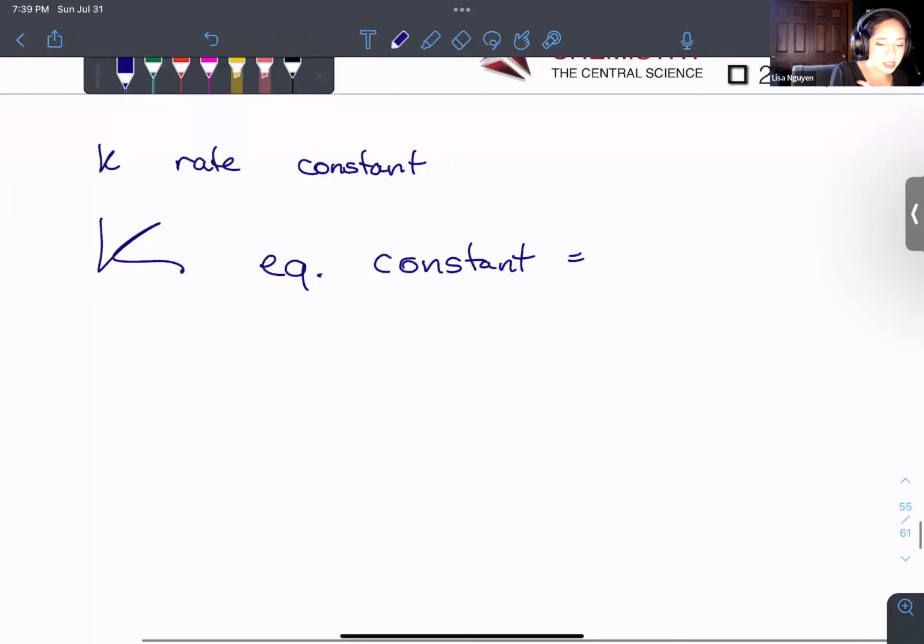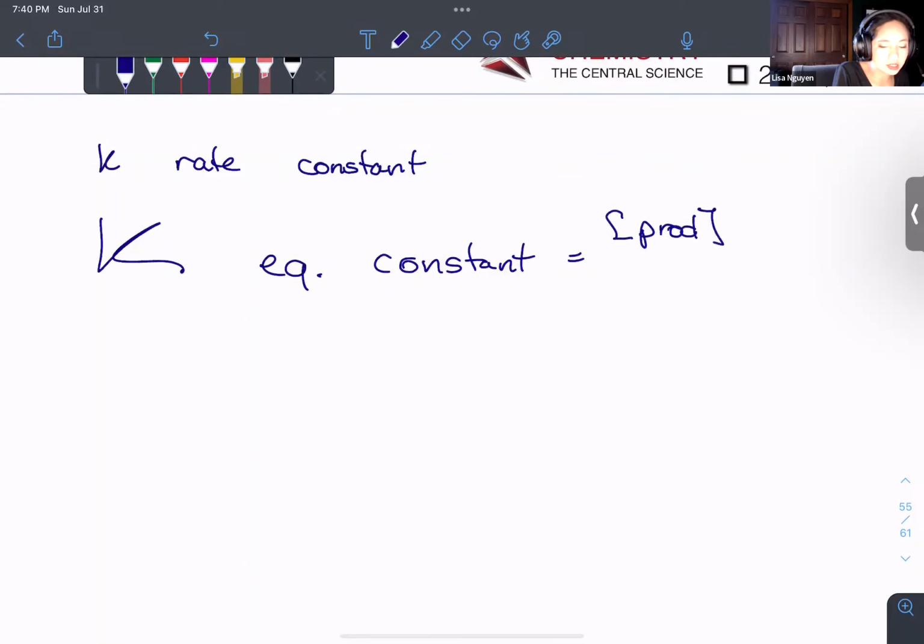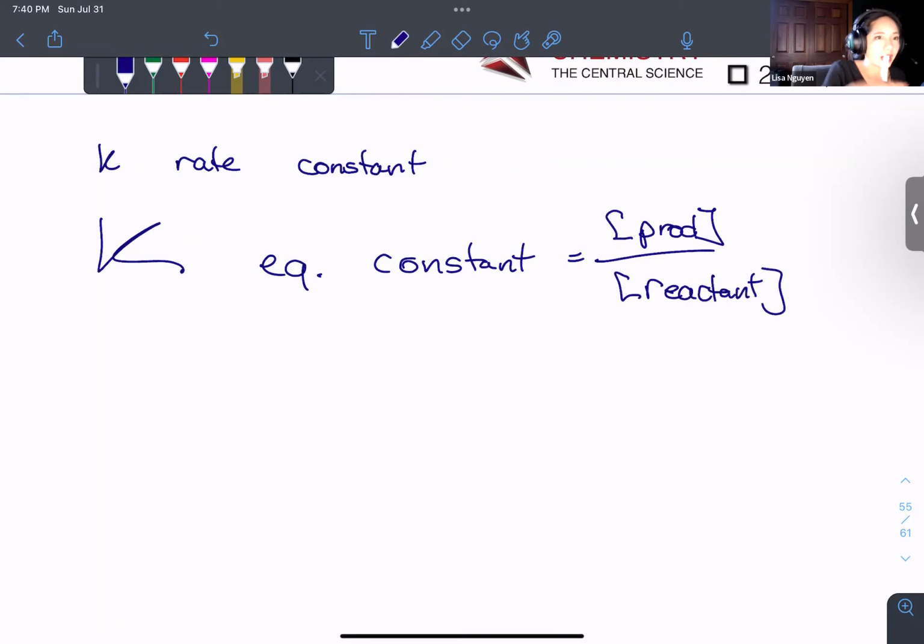Equilibrium constant, we always said, is roughly equal to the concentrations of products over the concentration of reactants. But this is just kind of my cheat way for us to figure out the magnitudes. So the rate constant, small k, tells us how fast the forward and reverse reactions go.